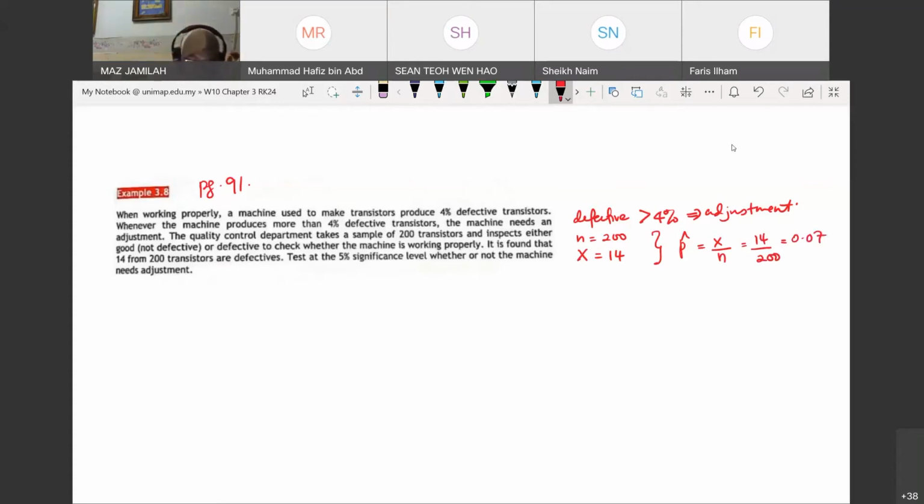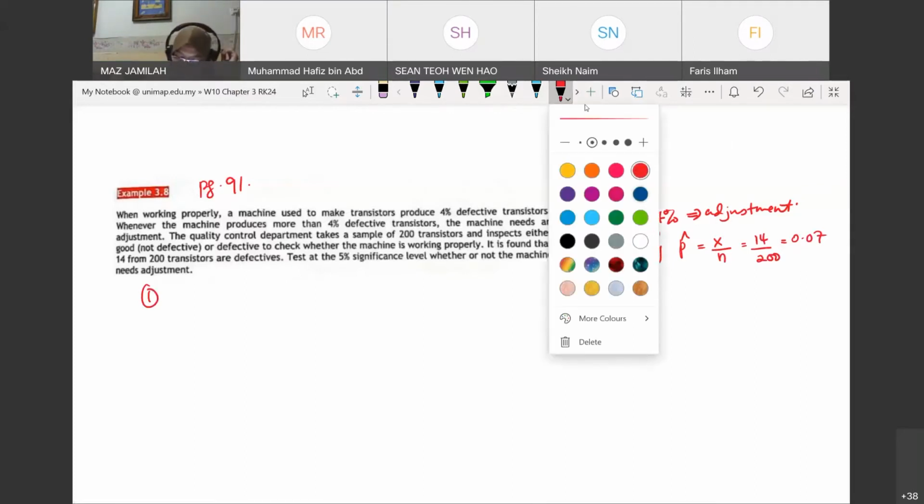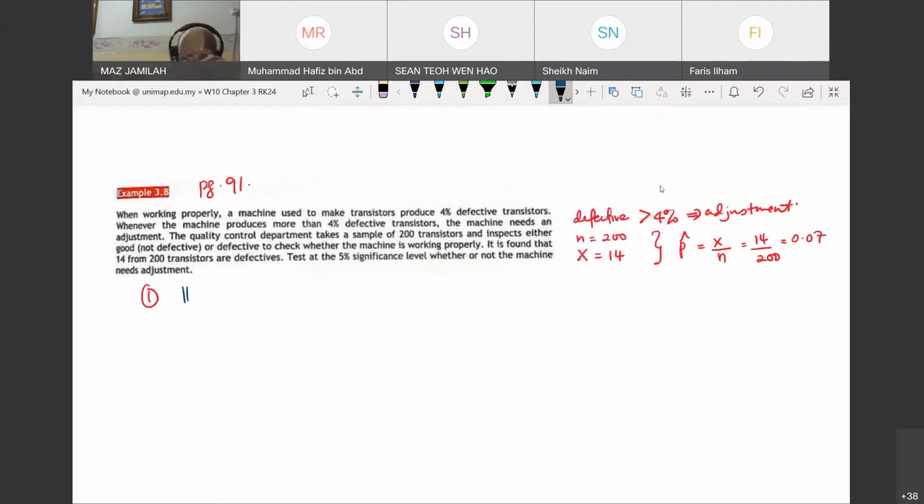Let me use my blue pen. Now the null and alternative. In this case, the simplest one will be p equal to 4%, which is 0.04. Now, what would be my alternative, and how do I figure it out?